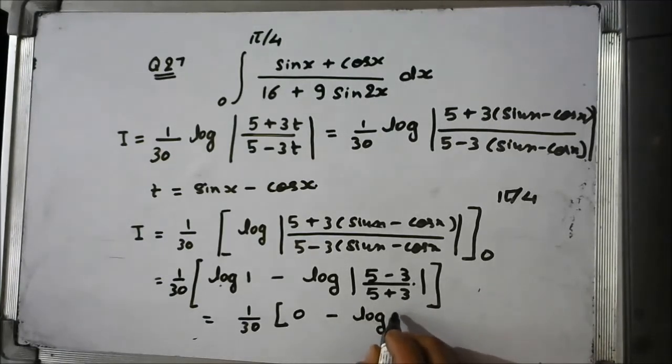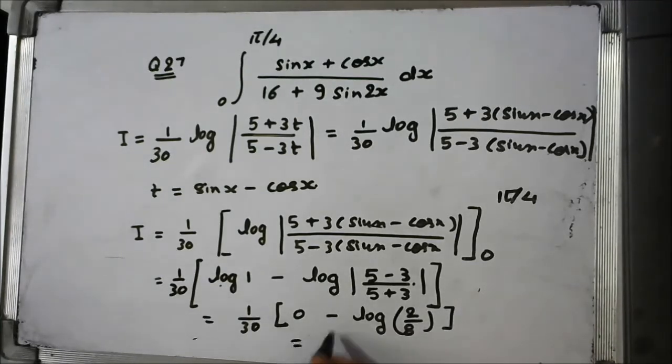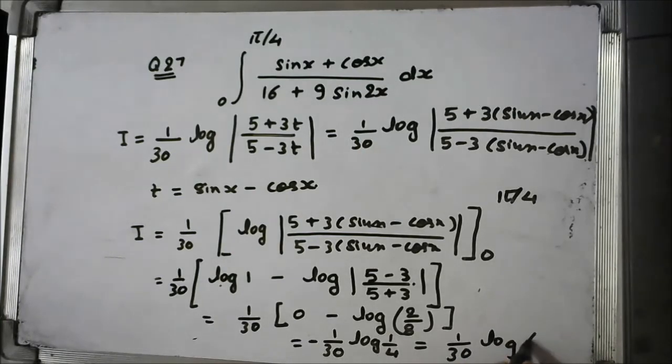So we have log 2 upon 8, log 1 upon 4, and adjusting this negative sign, we can write it as 1 by 30 log 4. So that is our final answer.